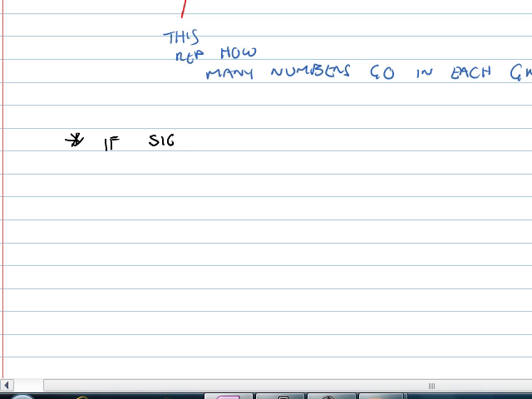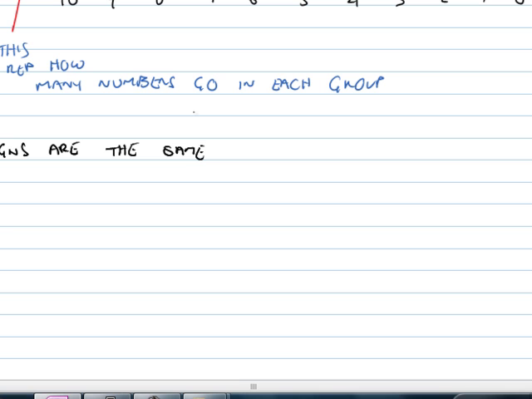Signs are the same. Ranbir, copy sign. Okay, signs are the same. That's fine. Just copy sign. If signs are the same, then your answer will always be positive.